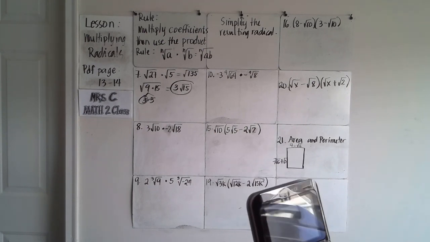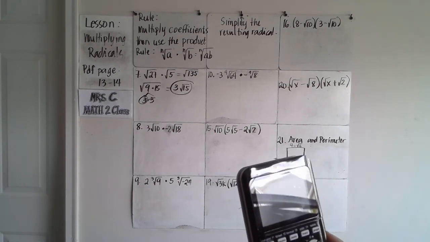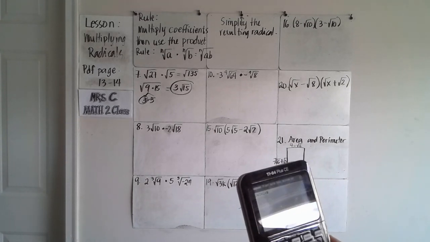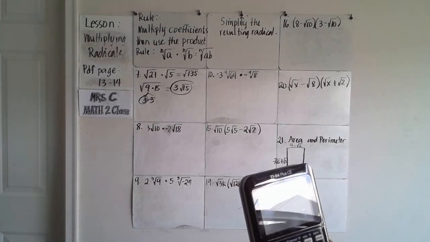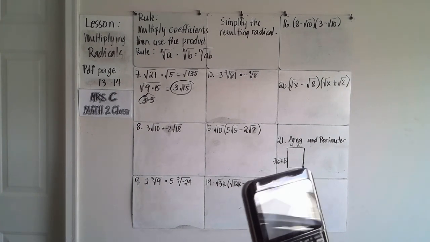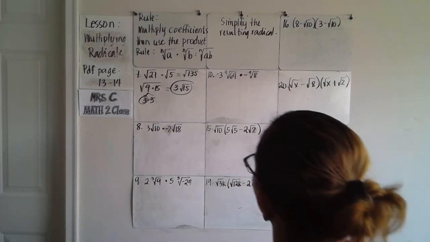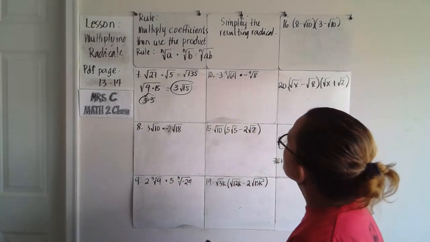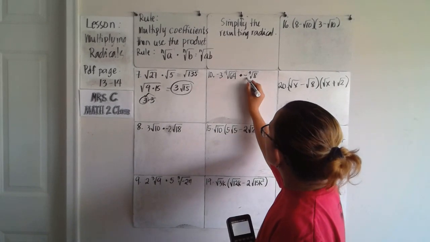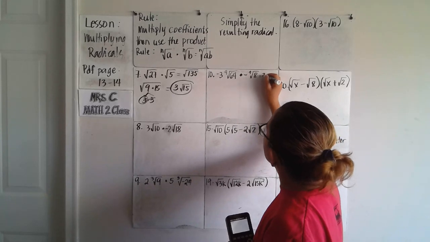256. No, it's not. So that would be 1, 2, 3, 4. That's 16. So 64 divided by 16 is 4. All right. So negative 3 times negative 1 is positive 3.